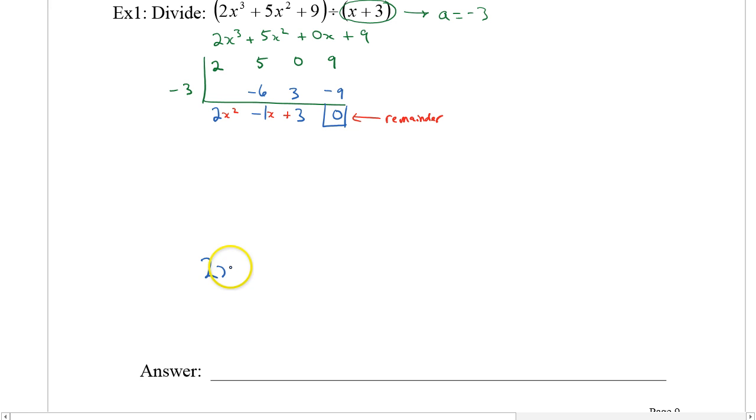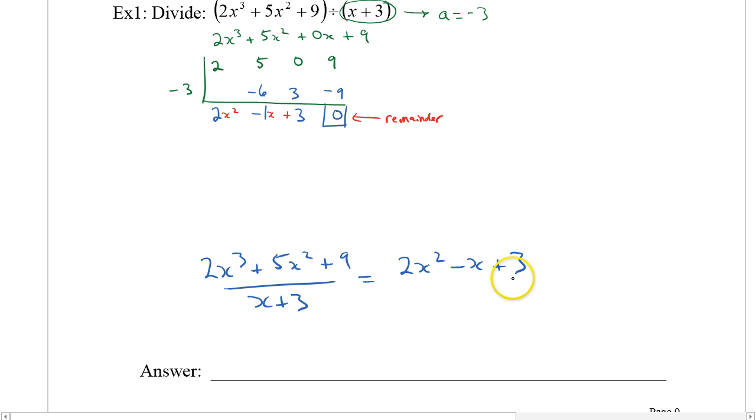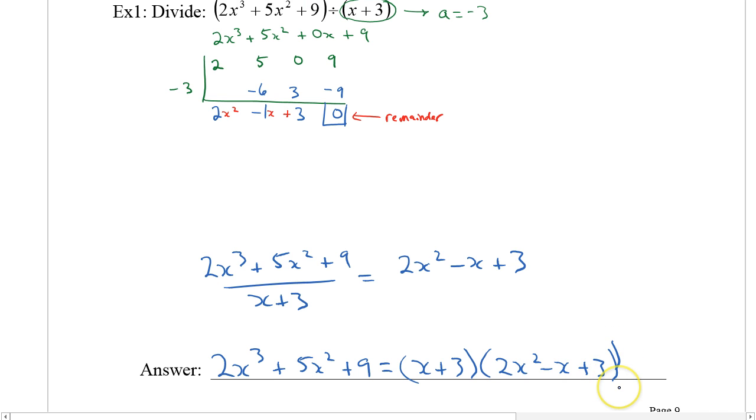We can say 2x cubed plus 5x squared plus 9 divided by x plus 3 is equal to 2x squared minus x plus 3, or the other way to write it was 2x cubed plus 5x squared plus 9 is equal to x plus 3 times 2x squared minus x plus 3. Okay, so both ways are acceptable. All right.